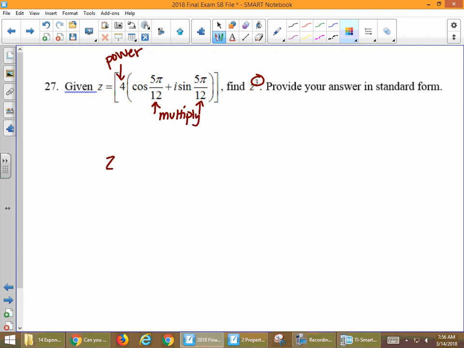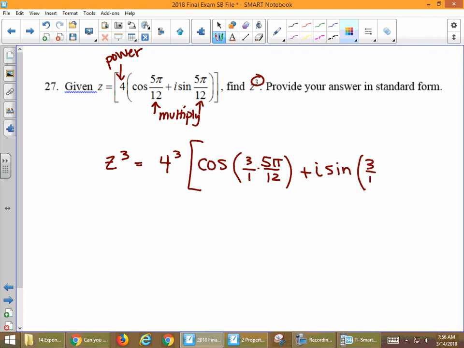So d cubed is going to look like this: 4 cubed times cosine of 3 over 1 times 5 pi over 12 plus i sine of that same angle, 3 over 1 times 5 pi over 12.